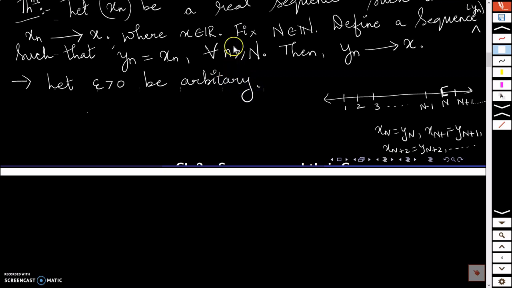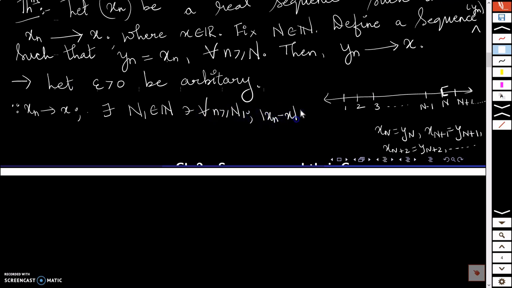Now since xn converges to x, for this positive epsilon, there exists a natural number, I will call it n1, such that for all natural numbers n bigger than or equal to n1, |xn - x| will be less than epsilon.